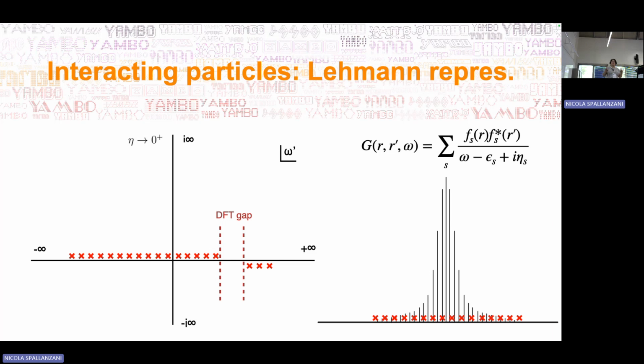It had two terms that here I collapsed into one, where the Green function has these poles in energies that are energy differences between systems with N and N plus one or N minus one electrons. And we've seen that this corresponds to poles in the frequency plane that are very close to the real axis.